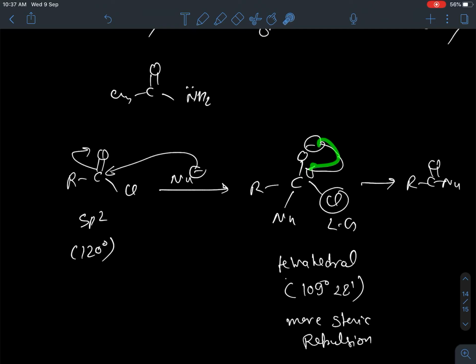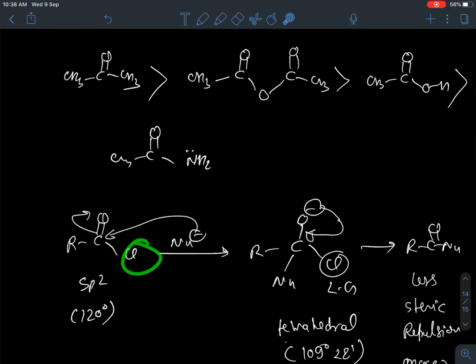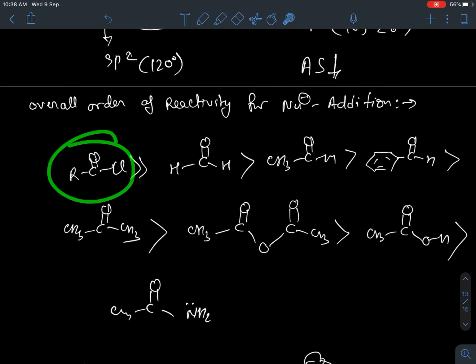So once this negative comes back, and because the leaving group is there, it is more stable, less steric strain, less steric repulsion, and that's why it is more stable. This luxury of a leaving group is not there with any of these groups apart from this, because in other cases we have hydrogen. H minus is not a very good leaving group.